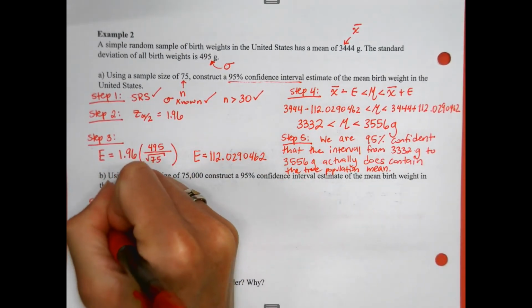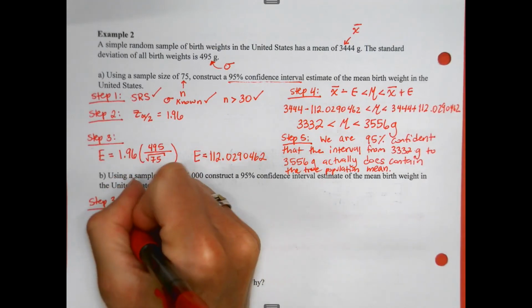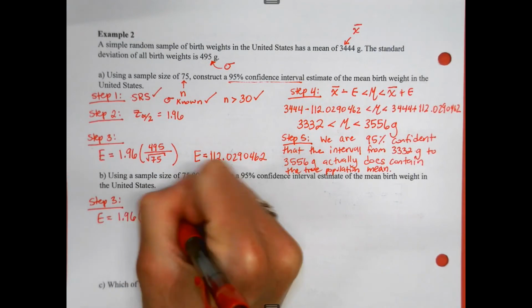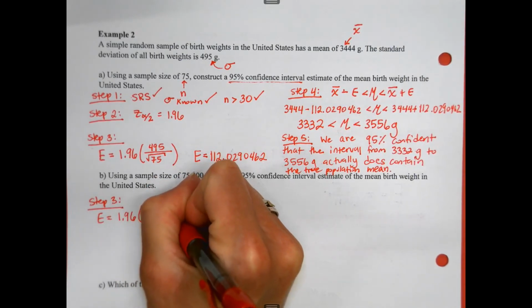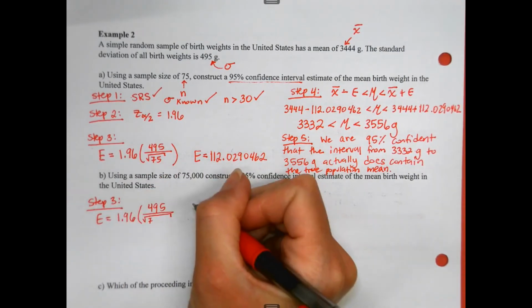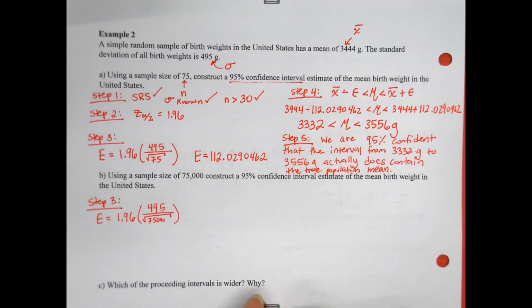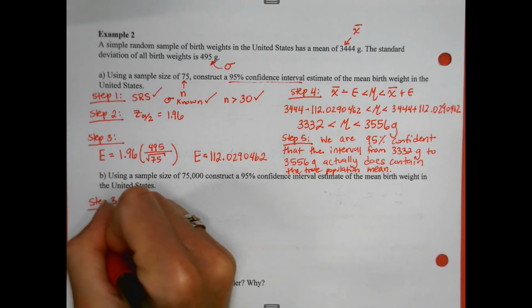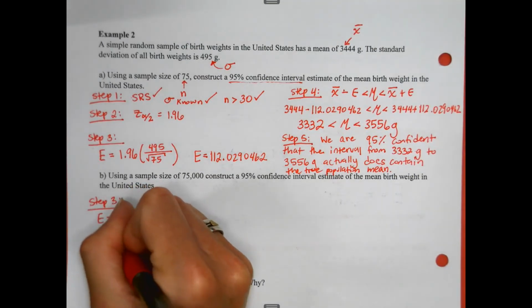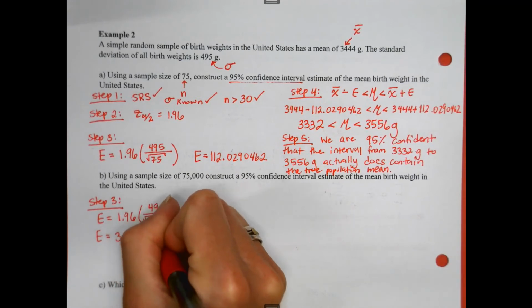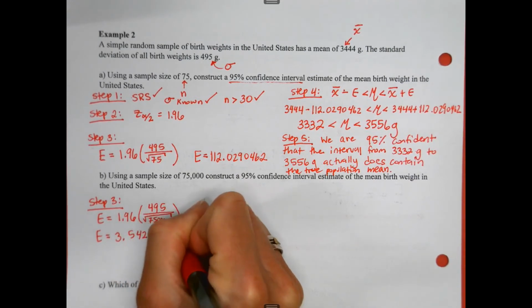My E this time is going to be 1.96 times 495 divided by the square root of 75,000. We use a calculator and we get that E is equal to 3.542669502.